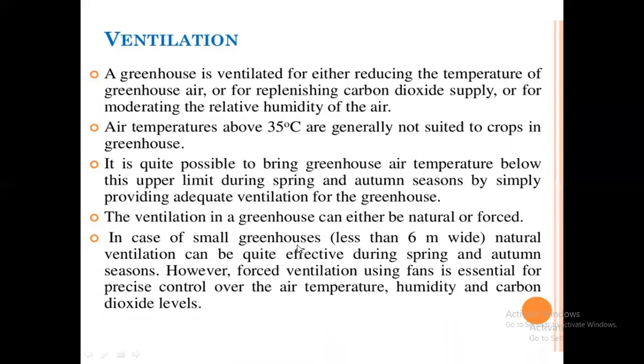In case of small greenhouse structures, that is, a span less than 6 meter width, natural ventilation can be quite effective during spring and autumn season.